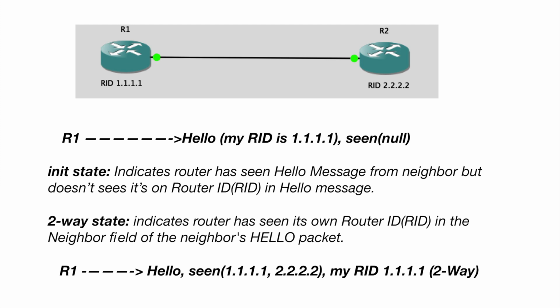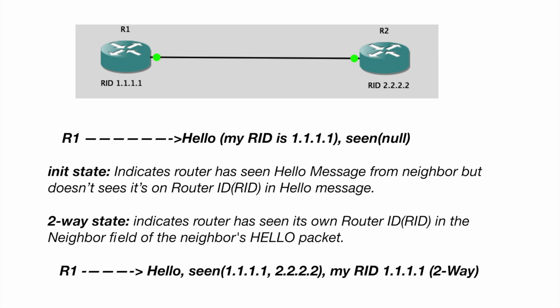One more thing we need to clarify is that when the two routers are in a two-way state, it means the routers have exchanged the hello message. We just looked into it. And the routers also verified the checklist, such as hello timer, dead timer, MTU, the network type, and that other parameters match.